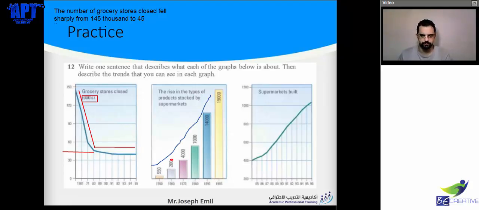Now of course something else you need to notice is that the largest increase was between these two.